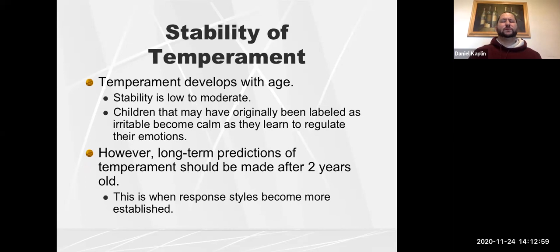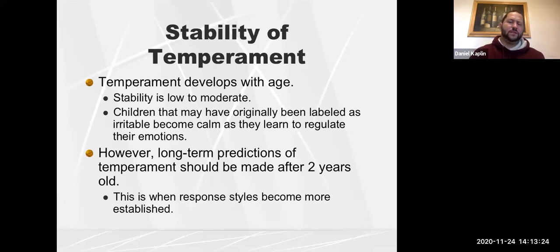Is temperament stable? Well, that was a debate we introduced earlier in the semester as well, whether we stay the same or whether we change. Well, temperament develops with age, and in infancy, stability of temperament is low to moderate.